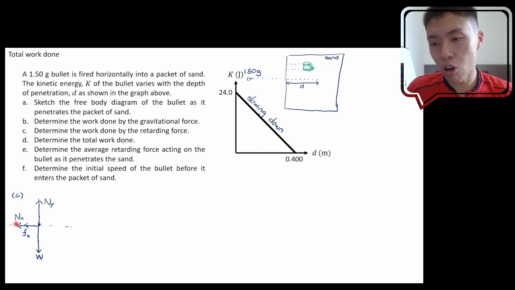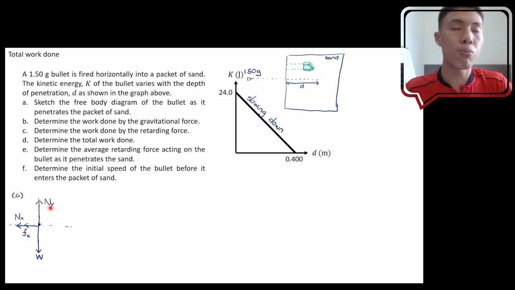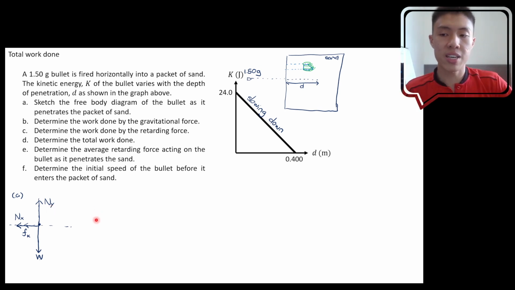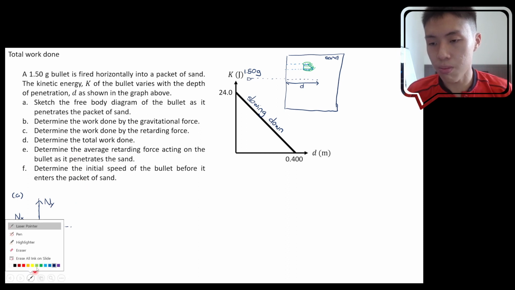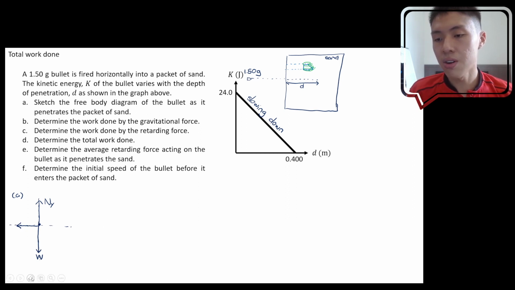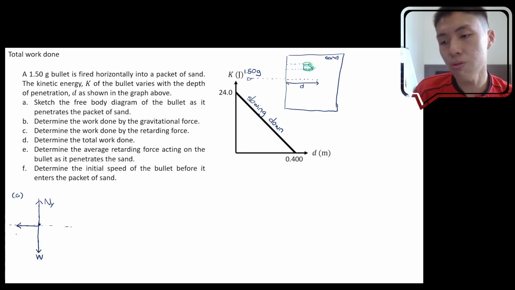Because the normal x and the kinetic friction are both forces that retard the motion, they are both opposing the horizontal motion into the packet of sand. We can combine the x component of normal and the kinetic friction together and just call them the retarding force, because these two forces are the ones that prevent the bullet from moving further.